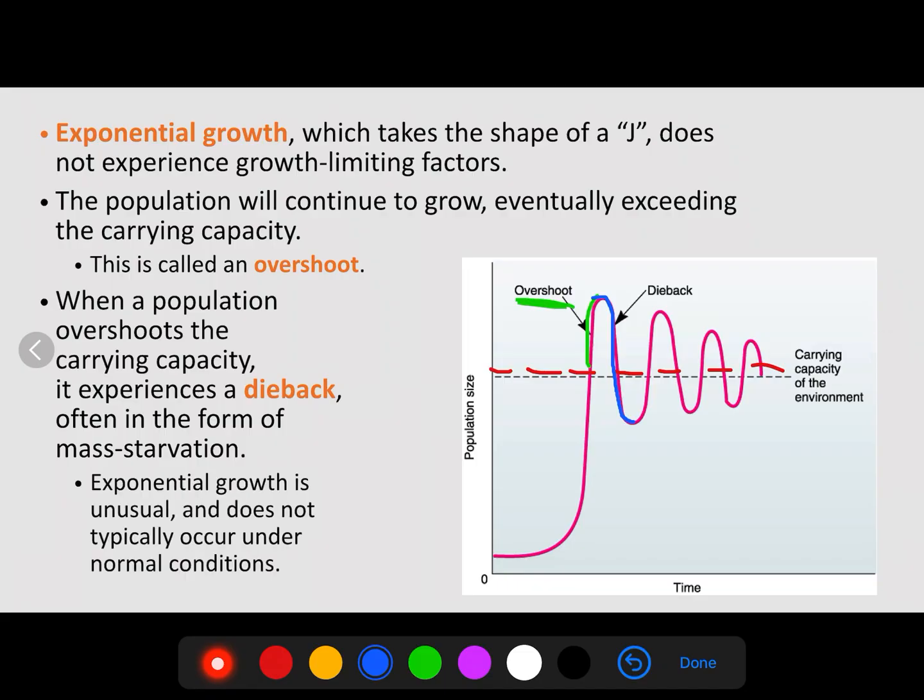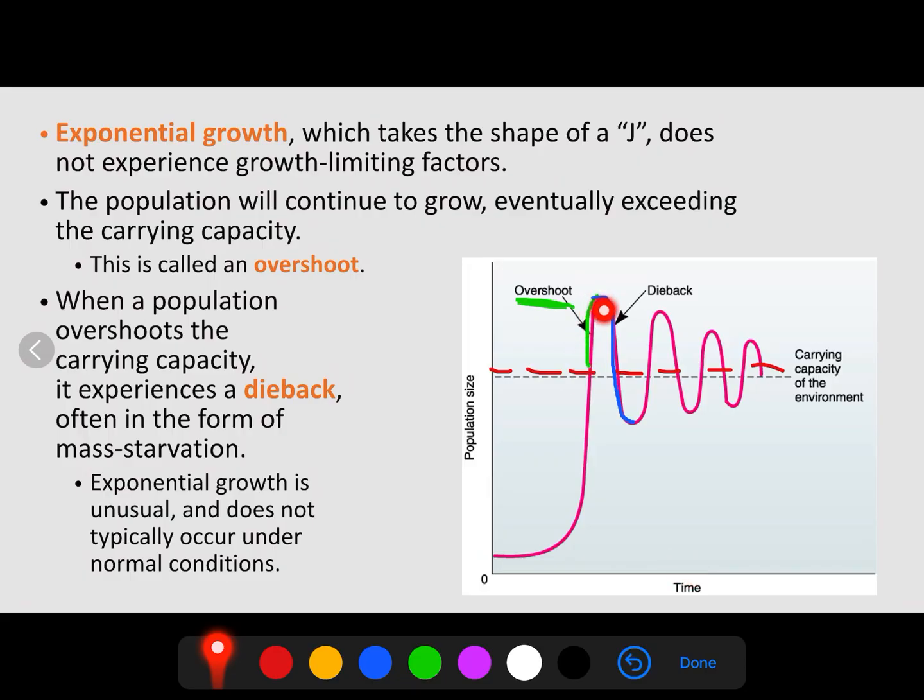So exponential growth is very unusual and does not typically occur under normal conditions. Eventually we get to a point where the population really can't support itself. This is actually how organisms can go extinct as well.